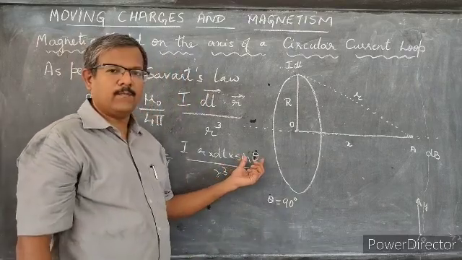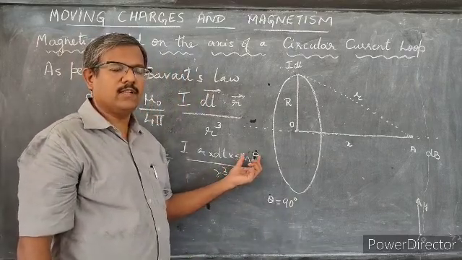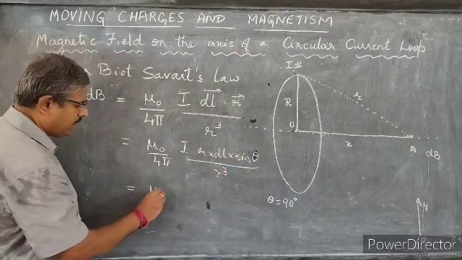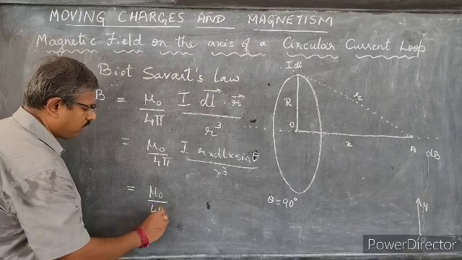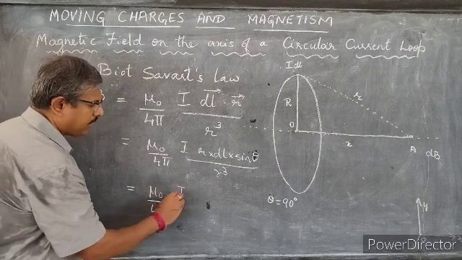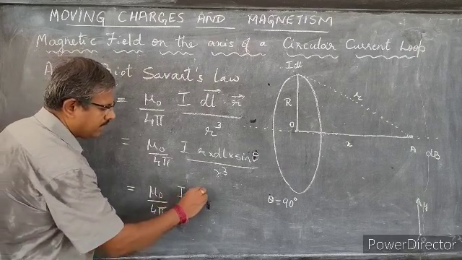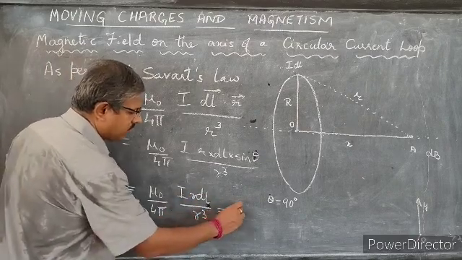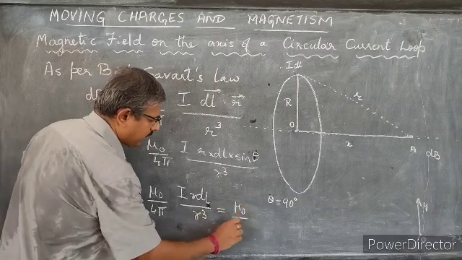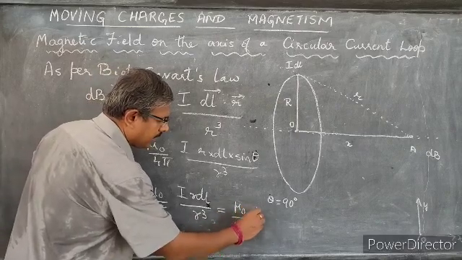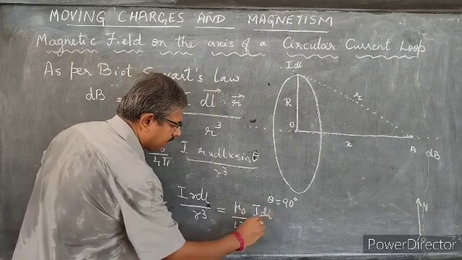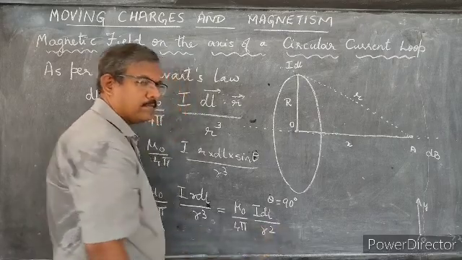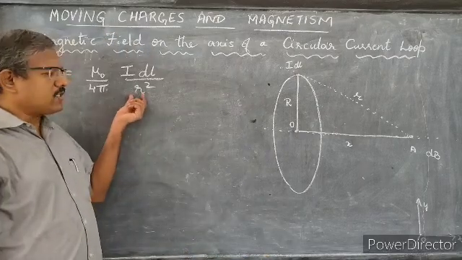So sine theta resolves to 1, in which case this reduces to mu naught by 4 pi into I r dl by r cube, which further resolves into mu naught by 4 pi I dl by r square.